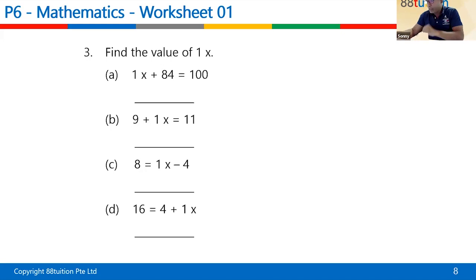Well done. Okay, 1x is the same as 1 times x. So your answer is right. The value of x is 16 because 16 plus 84 gives you 100, right? Okay, what about the next one?